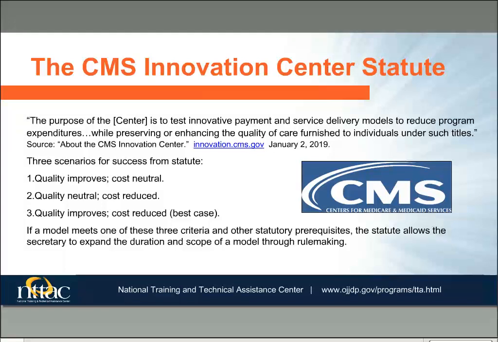The Innovation Center conducts an evaluation on each new payment and service delivery model we test. The statute specifies that measures in each evaluation must include an analysis of the quality of care furnished under the model as well as changes in spending. If the evaluation demonstrates evidence of improved quality or reduced spending, the Secretary of Health and Human Services may expand the duration and the scope of the model.